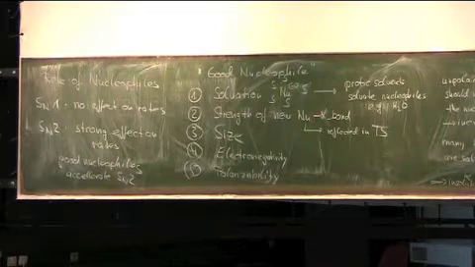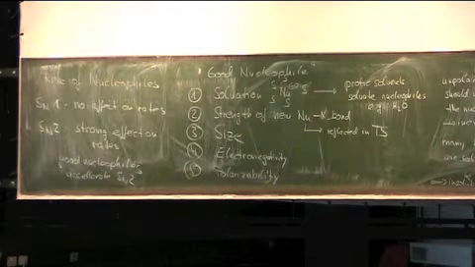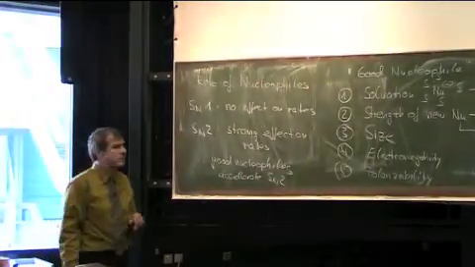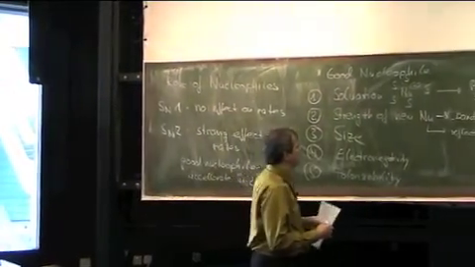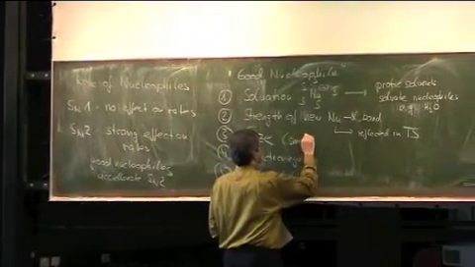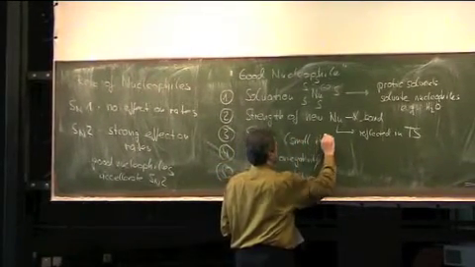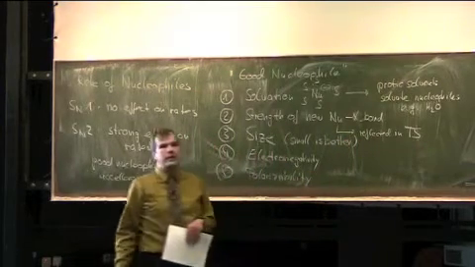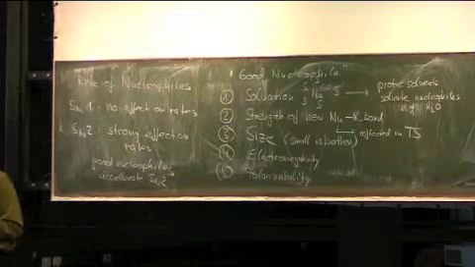Size is important. What would be the argument here? The smaller the nucleophile is, the less problems with other groups. Yeah, so you minimize steric effects the smaller the nucleophile is.